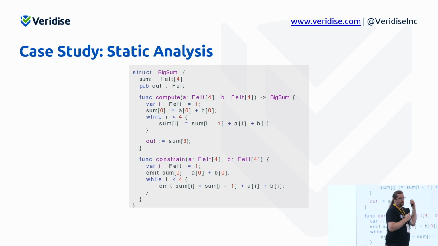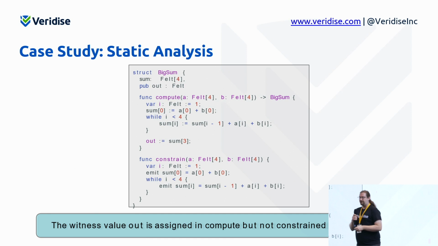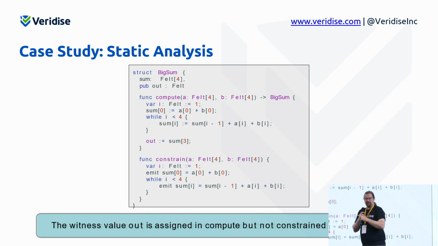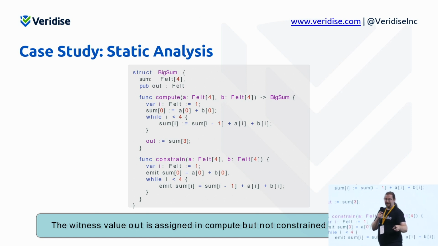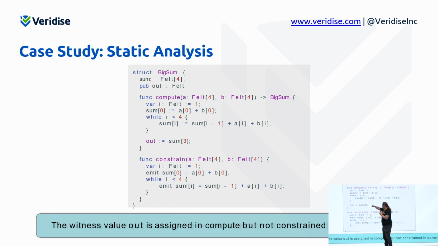Here you can see, again, a LZK circuit, and we can find a bug very easily. If you look at the circuit, you can see in the compute function that there is an assignment to out right here. But the other thing you might notice is that there's no corresponding emitted constraint in the constraint function.